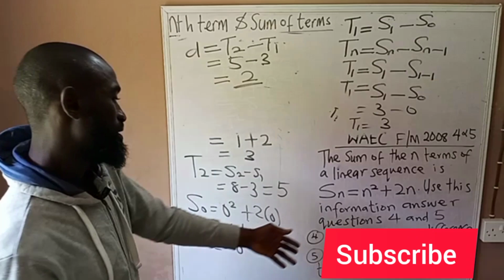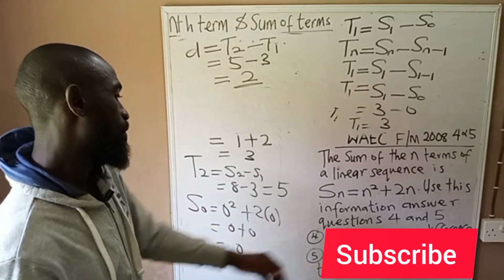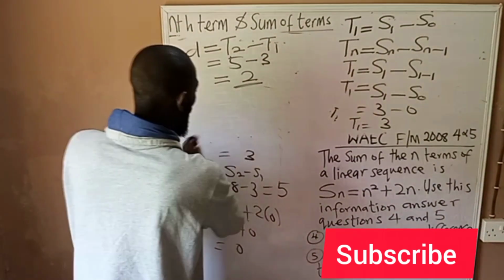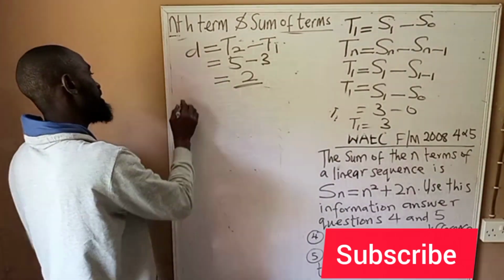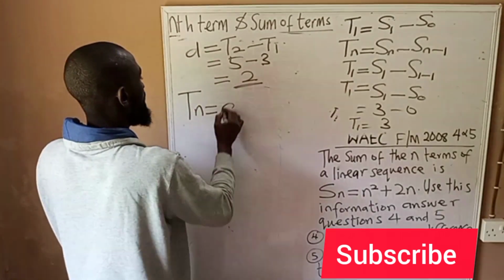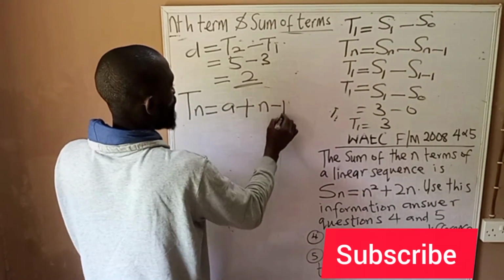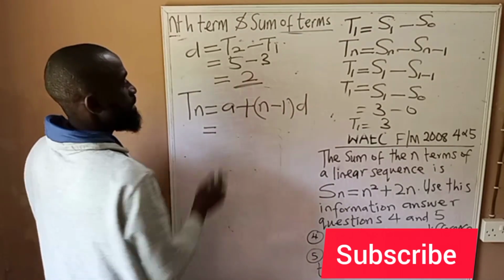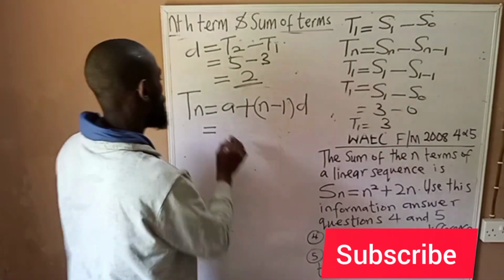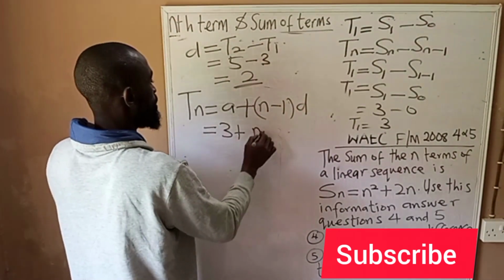What's the second one? Determine the general term of the sequence. For an AP, what's the general formula? Tn is equal to a plus n minus 1 bracket of d. Our first term is 3, which is T1, so we have 3 here plus n minus 1.